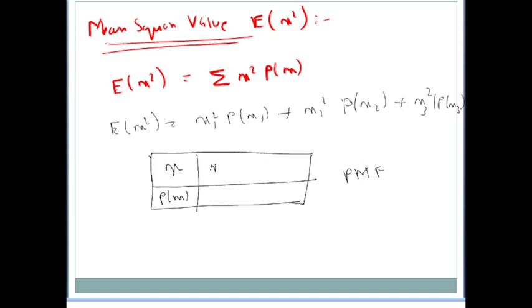Let's say this is x1, this is the probability of x1, this is x2, this is the probability of x2, and this is x3, and this is the probability of x3. So we can write it like this. And remember, this is for discrete. Now let's discuss the variance of x.